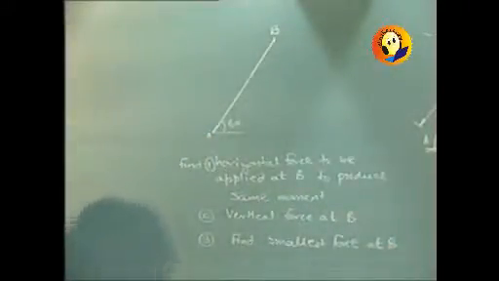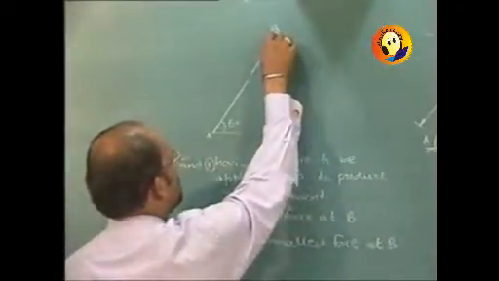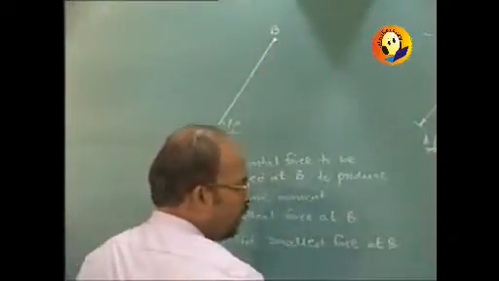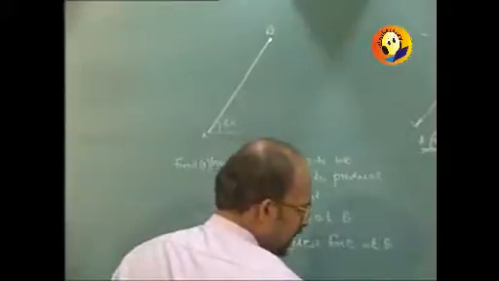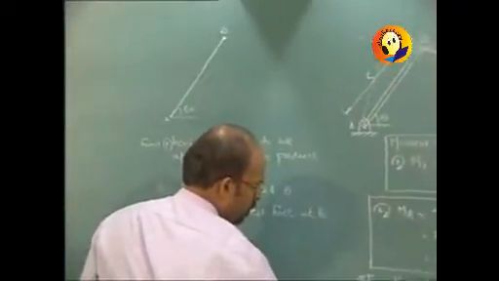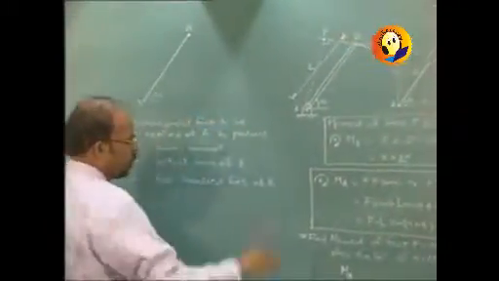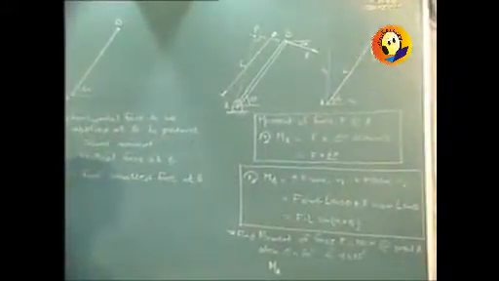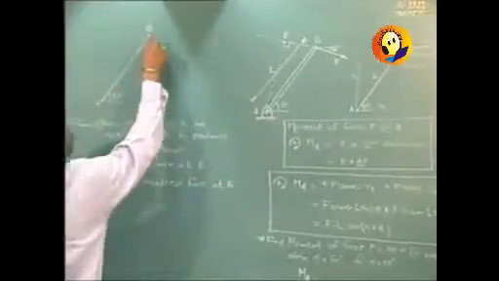Now this is altogether a conceptual question, we can say. We have already got the answer in the first case, which is moment about point A of the previous problem. This problem continues with the previous one.